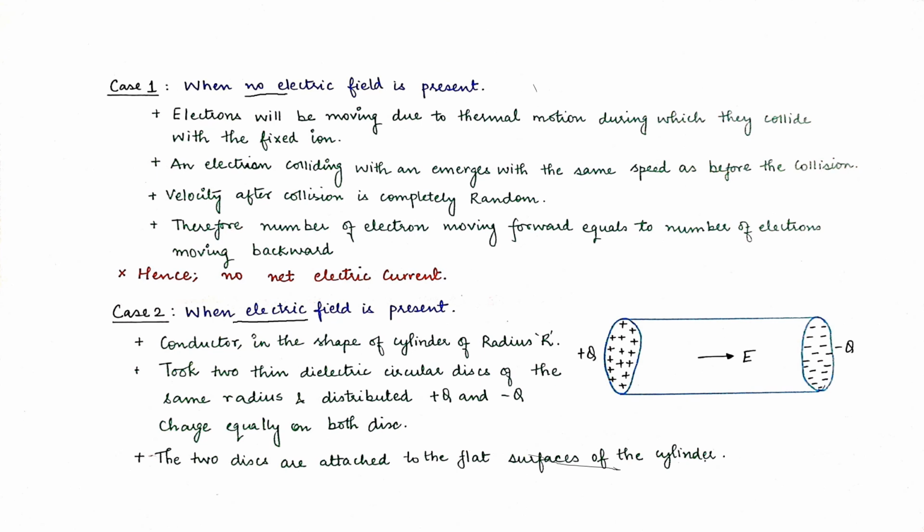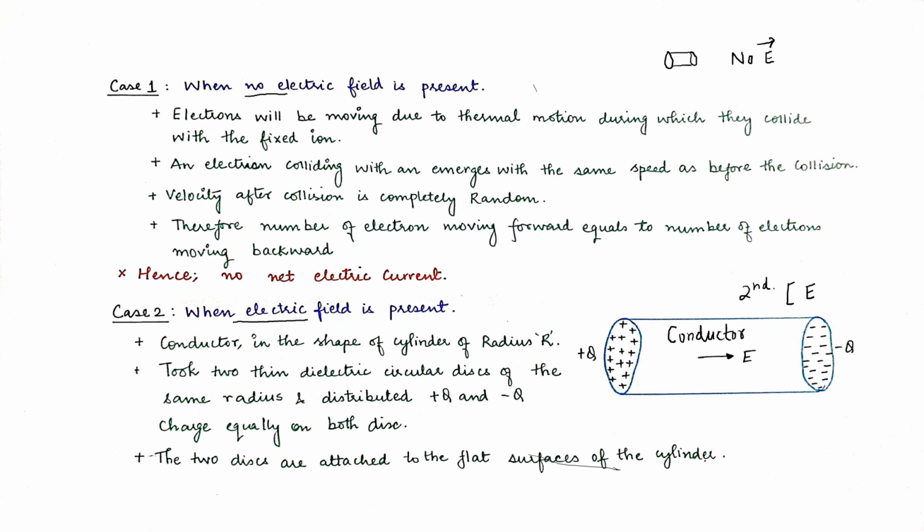See, this diagram is showing a conductor. In case 1 this conductor is simply kept. There is no existence of electric field, no E. But in this second case we have this conductor which is actually placed in the electric field.